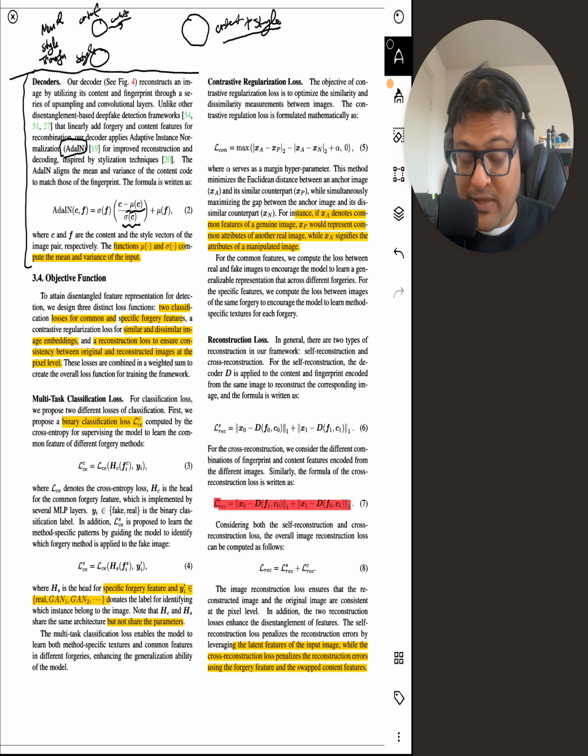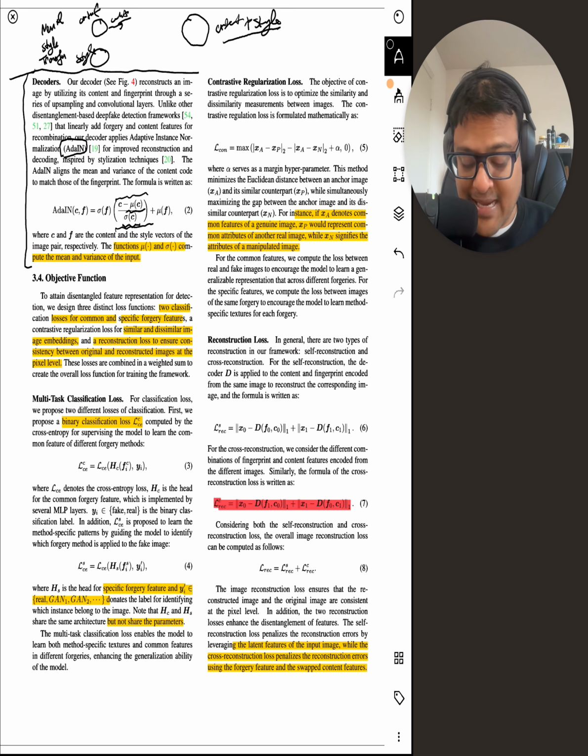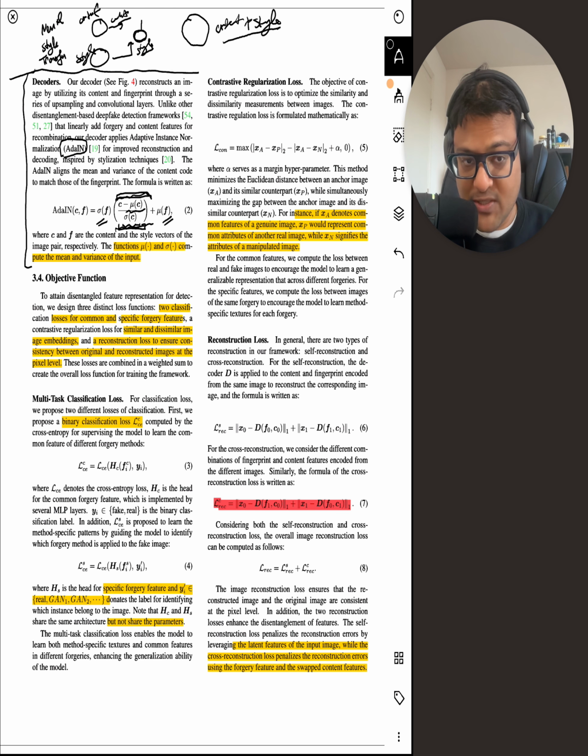Once you remove that information, the resultant vector is essentially normalized in the range of a standard Gaussian distribution, and the only content information which remains is in the relative magnitudes of these numbers. Then you feed your style images through these layers and compute the variance and the mean of the style image, and then you add them together.